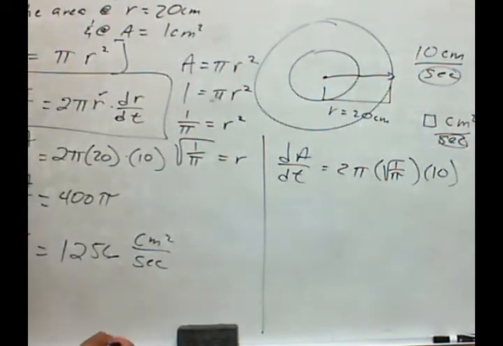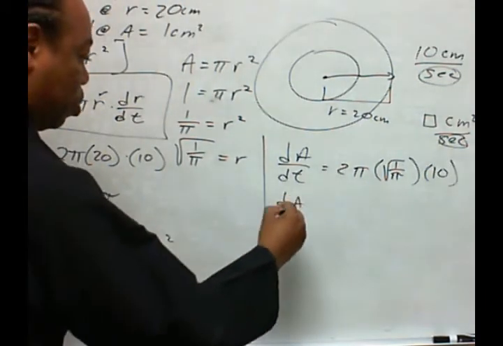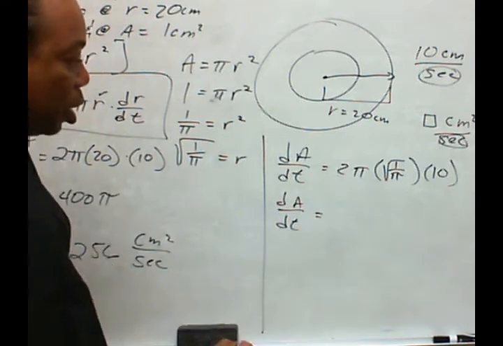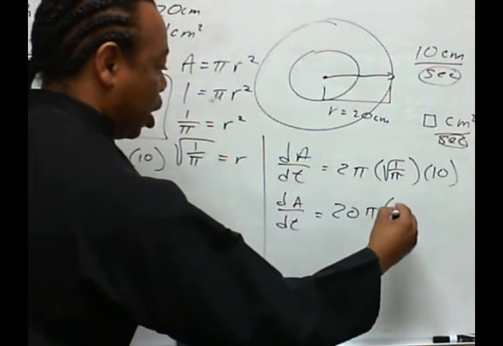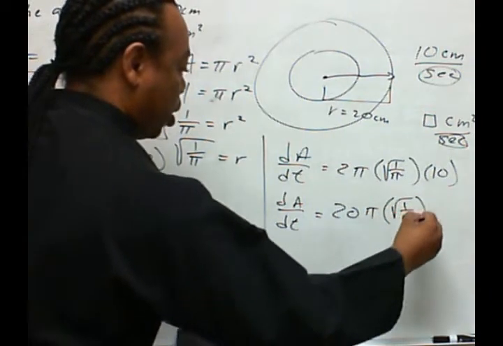Okay, so let's put all that together. That'll be 20 pi times the square root of 1 over pi.